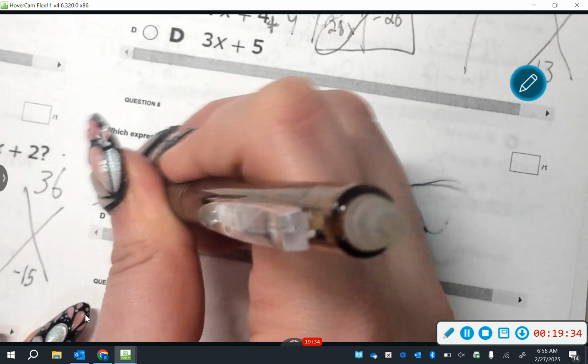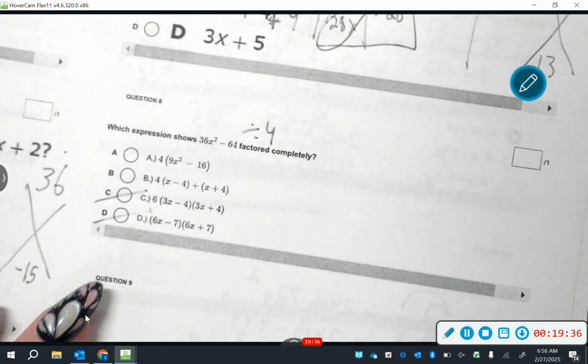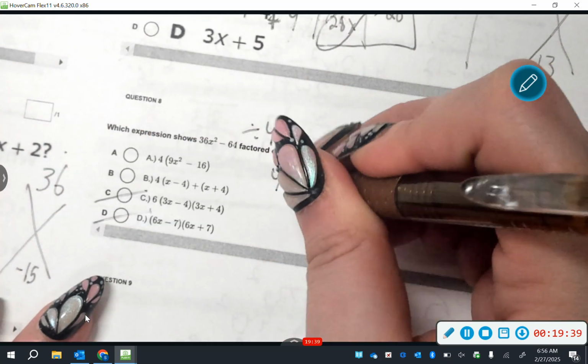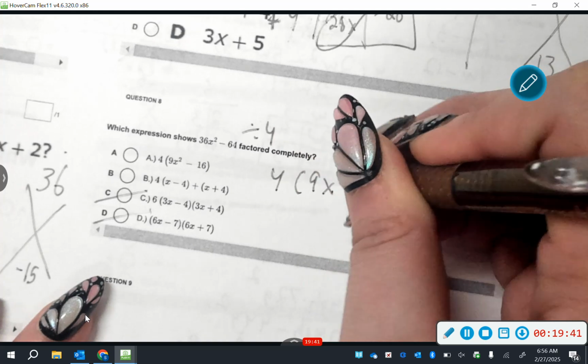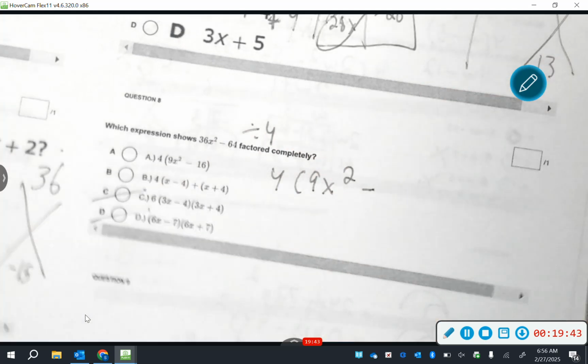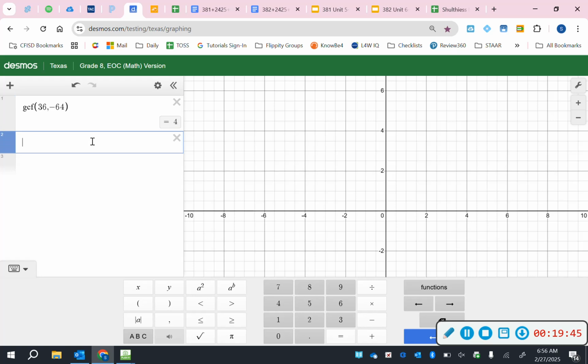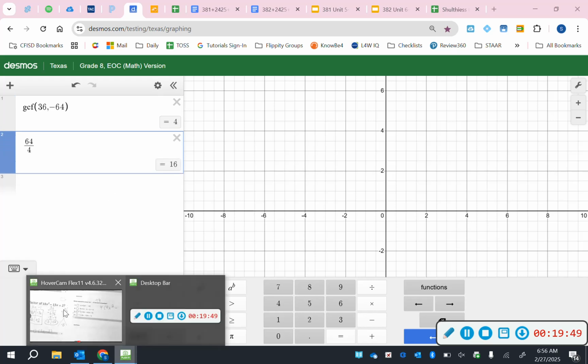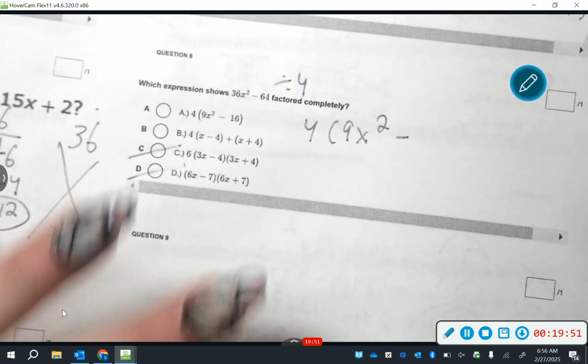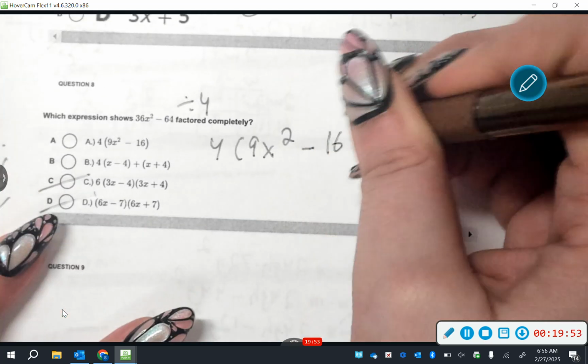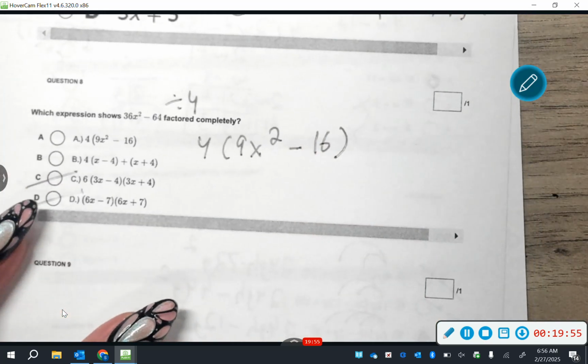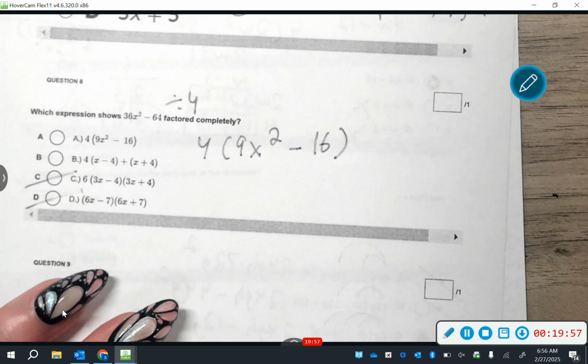And our answer has to have 4 in it. So C and D are out. So we have 4 times 9x squared minus, what's 64 divided by 4? 64 divided by 4 is 16. Minus 16. Our answer is A.